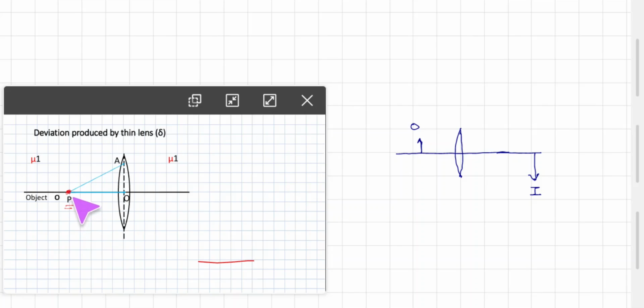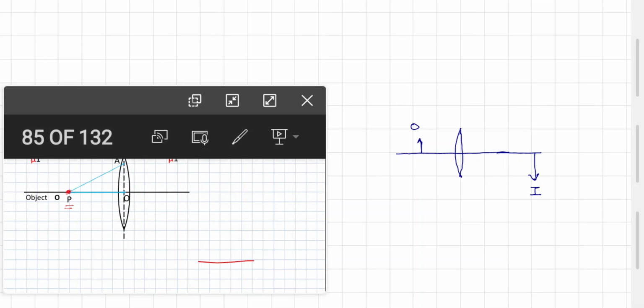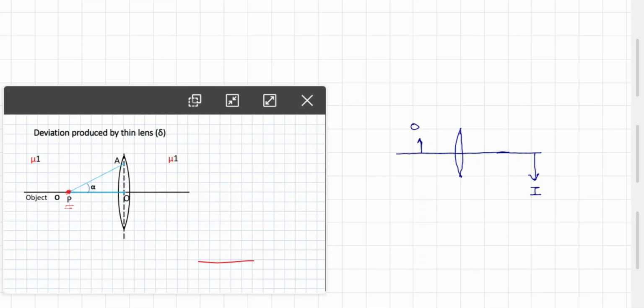Now light rays, one ray along the optical axis and another making a certain angle, are incident on the lens at point A. Suppose this ray is making an angle alpha with the optical axis.